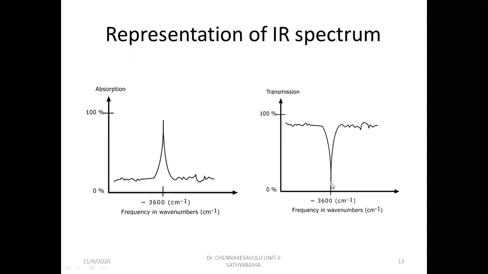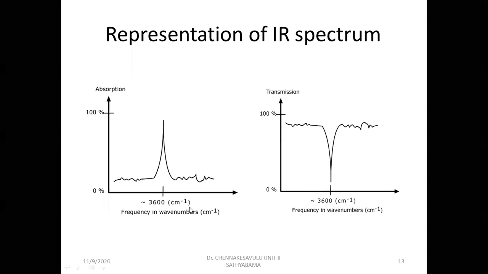Since it is absorbing, the only transmitted part is maybe 5% to 3%. These are the different representations of the FTIR spectrum. Either we can get absorption versus frequency or transmission versus frequency. On the x-axis, we will have frequency.